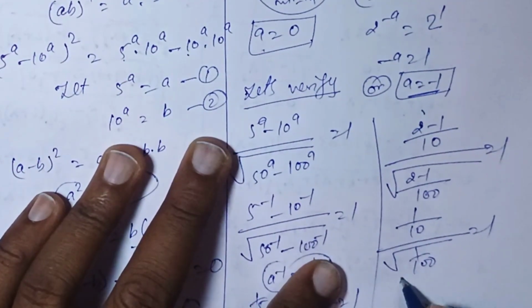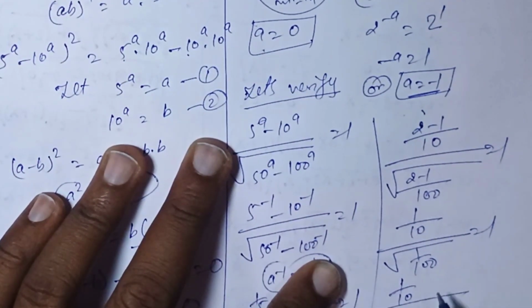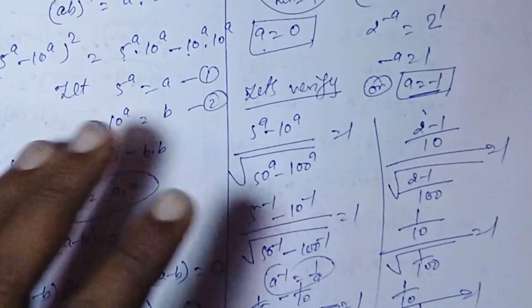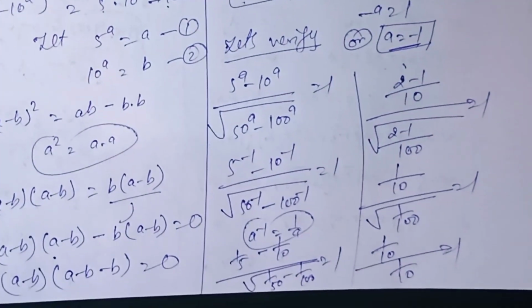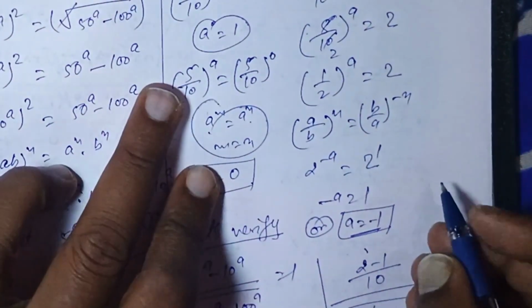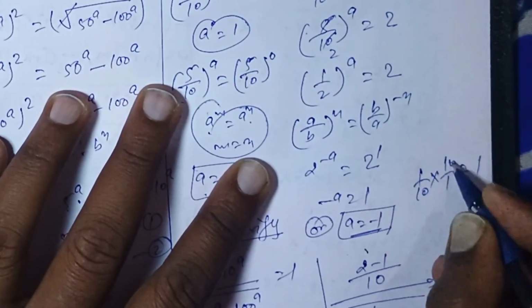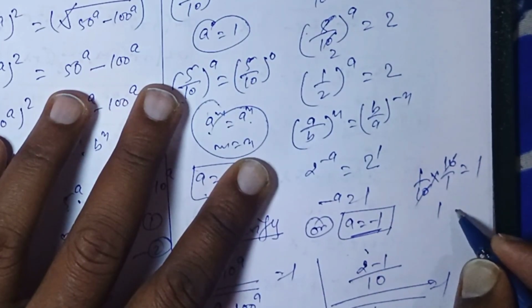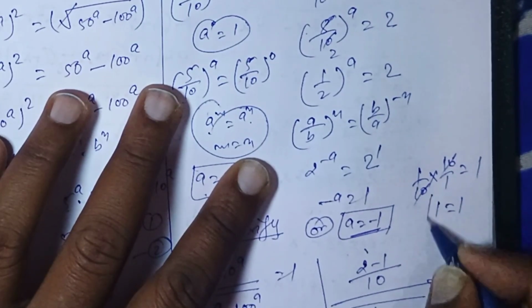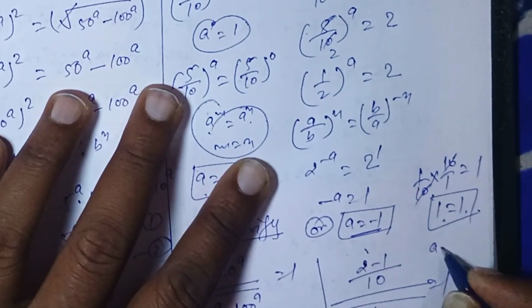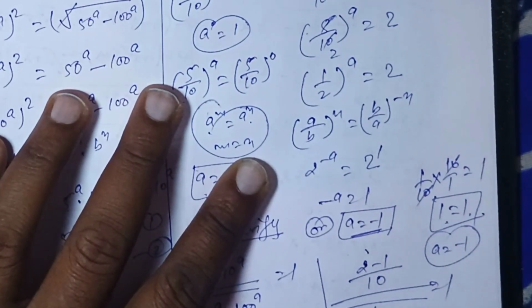Here the value √(1/100) is 1/10. Next step, 1/10 into 10/1 is equal to 1. Here 10 cancels, left it 1. Therefore 1 is equal to 1. LHS and RHS both are equal. So the value a is equal to −1 is correct for this solution.